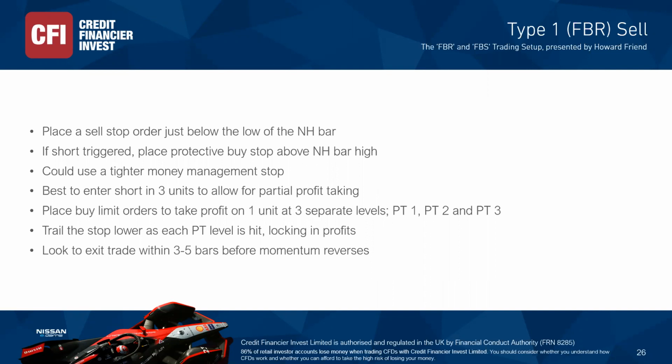So once in a position, the stop loss is there, usually above the high, the swing high. We put our limit orders at PT1, PT2, sometimes I'll use PT3 as well, so we know in advance where we're going to take our profits if the market goes in our favor. And as we hit each PT level, we're going to lower the stop loss, locking in profits and reducing risk.